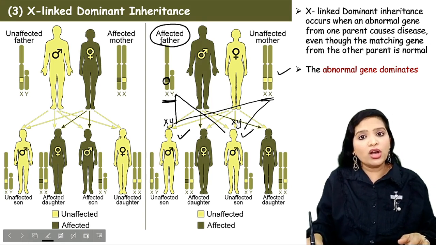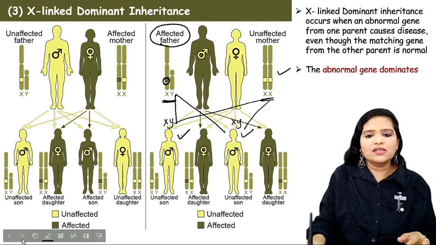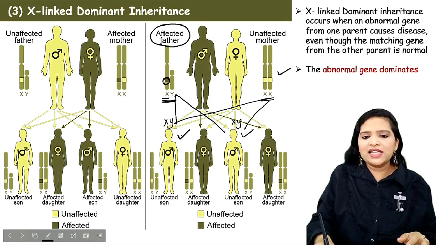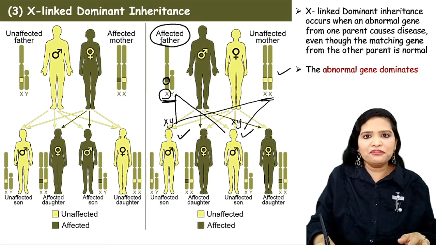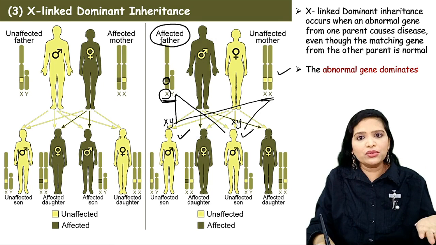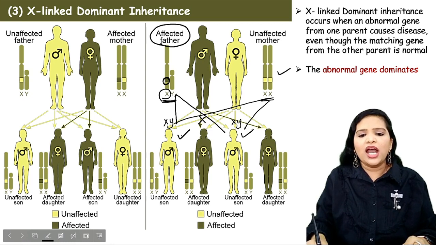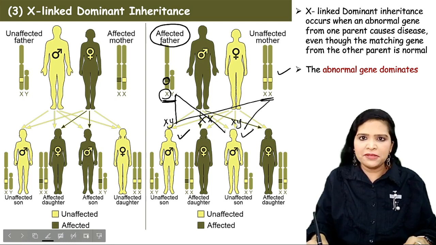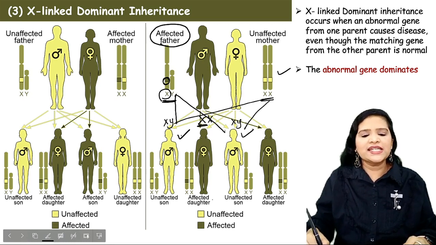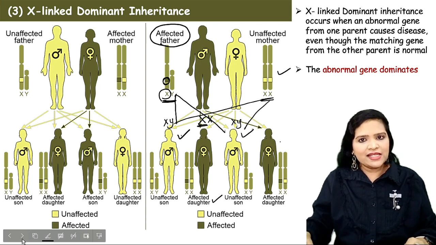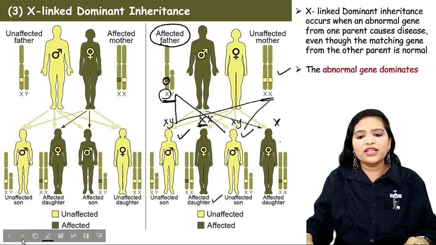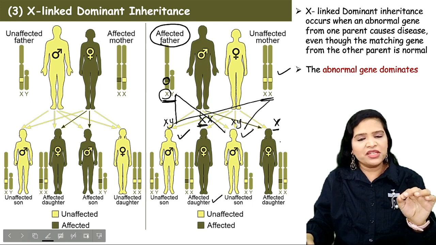And what about daughters? So out of these daughters, compulsorily one X chromosome is given by the father, right? So that itself is a defective chromosome, right? So the daughter has an X chromosome with a defective gene and one healthy chromosome from the mother. So she is an affected individual. Similarly, this daughter also receives one defective gene with X chromosome from the father and one healthy X chromosome from the mother.